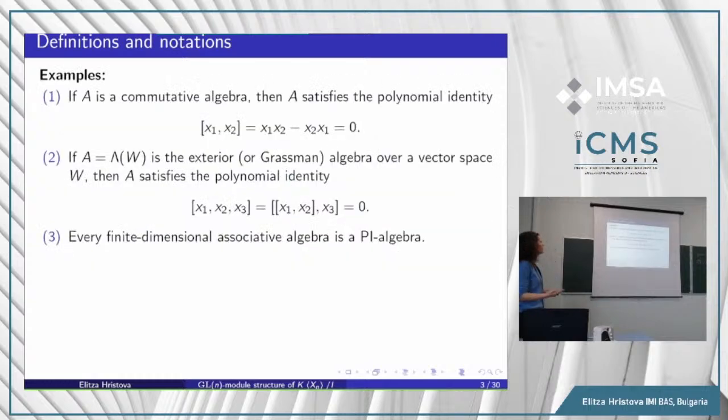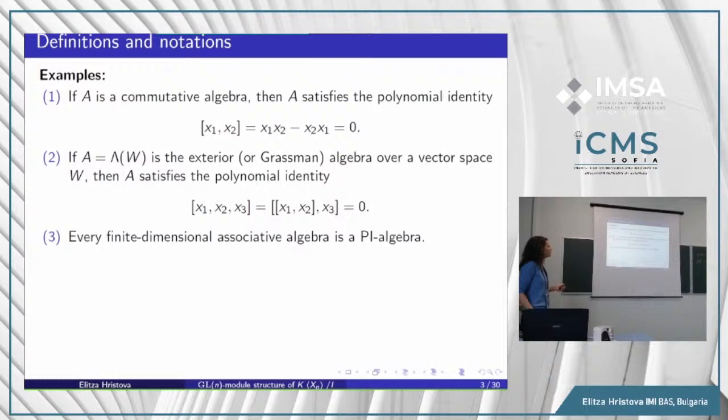And we have some starting examples. If we have a commutative algebra, then all the elements inside commute, so they satisfy this commutator identity. So commutative algebras are algebras with polynomial identities. If we take another example, the exterior algebra of any vector space, then it is not difficult to see that all the elements satisfy a triple commutator identity, where we define a triple commutator in this way.